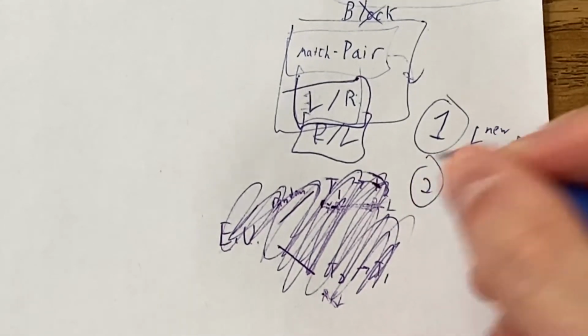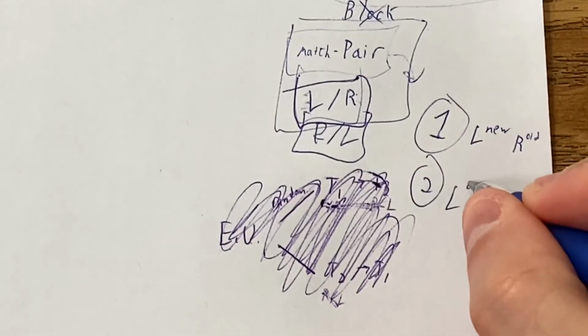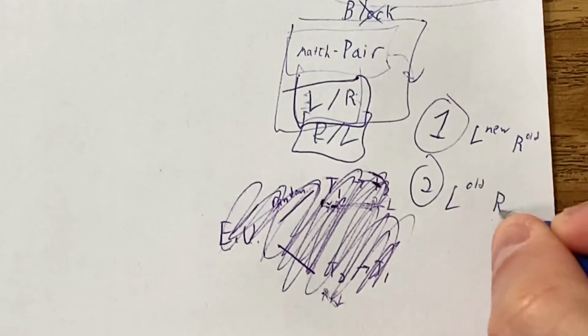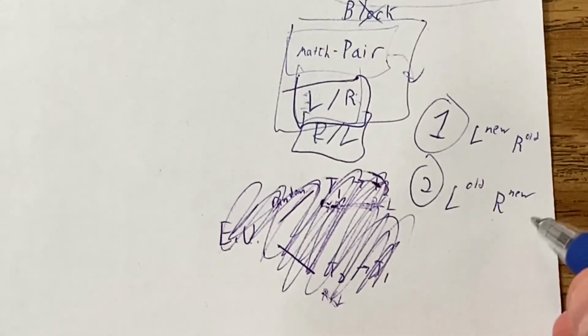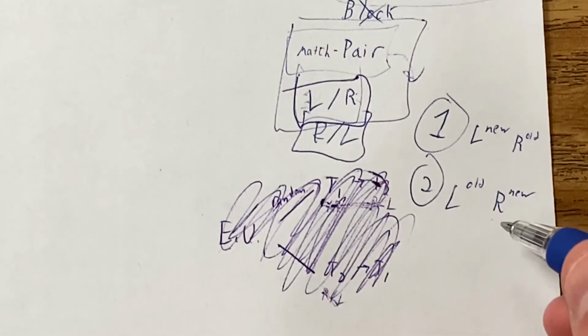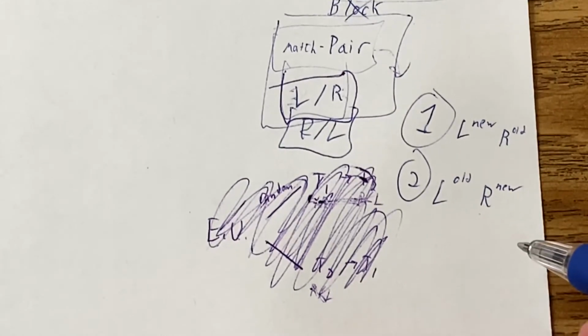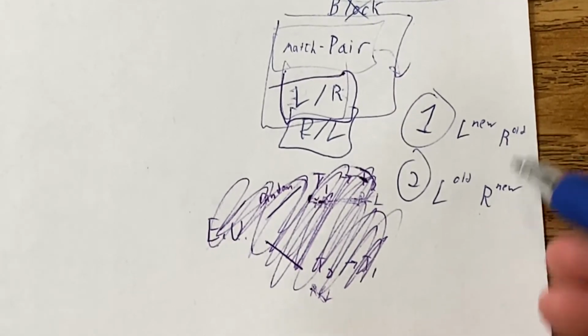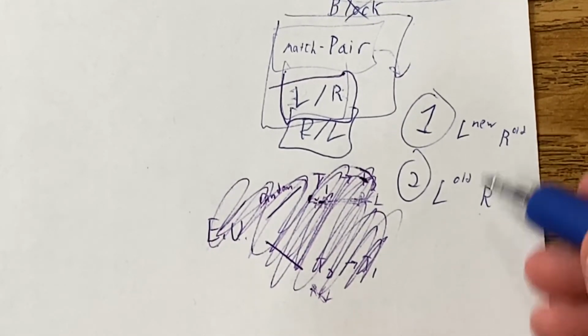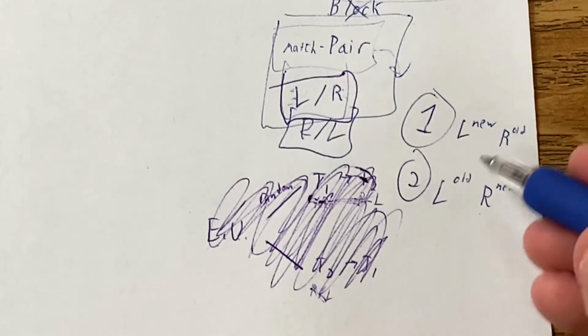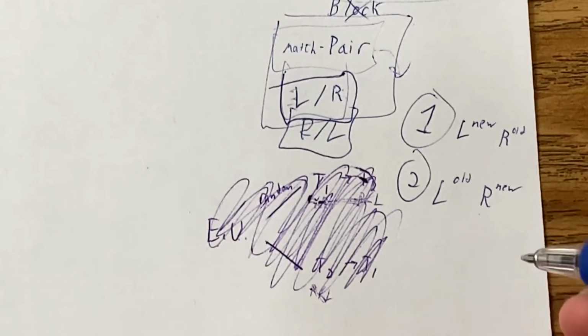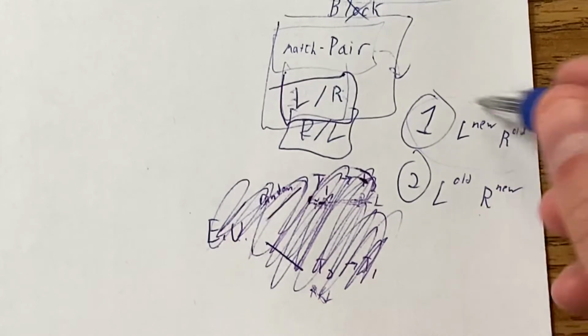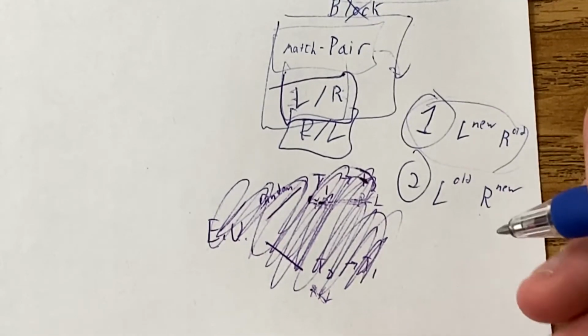And then in the second group, you would have the left being the old and the right being the new. The reason you would need to do that is because most people are right-handed, which means they might use their right foot more for stuff, I don't know. But you would want to, just in case, you know, one leg is favored more than the other, then one boot would be favored more than another. So just to cover the bases, you do want to do that as well.